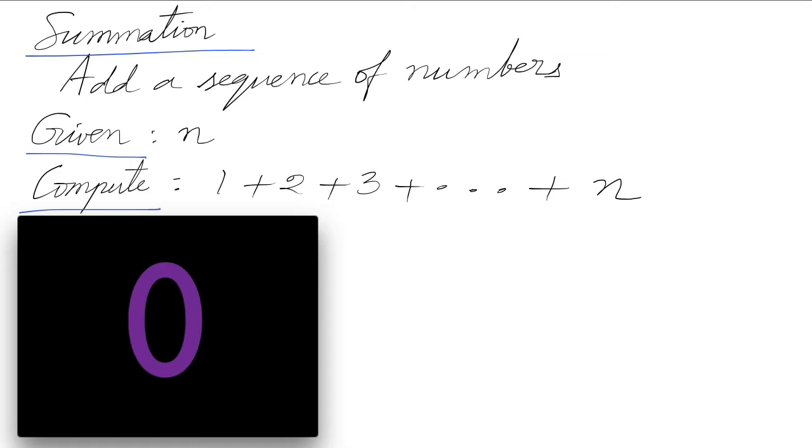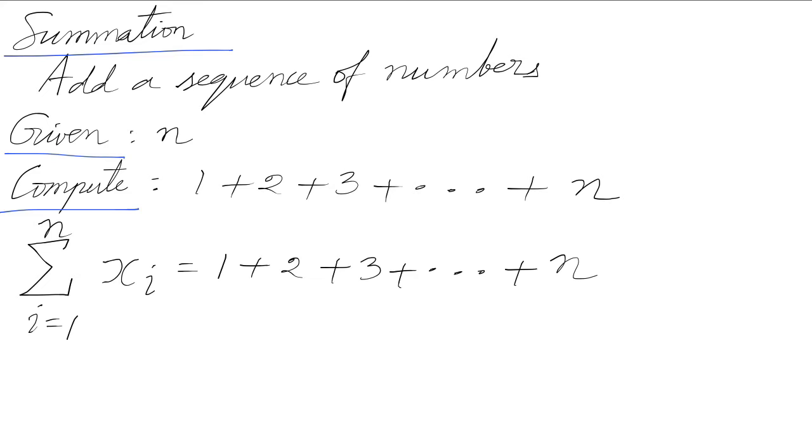Let's solve the summation problem using recursion. We want to add a sequence of numbers. We can express this problem mathematically as the summation of x of i, with i going from 1 to n.